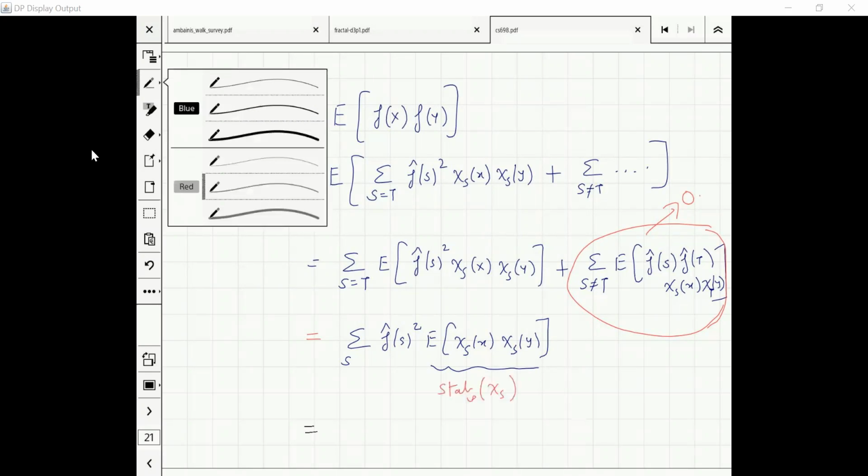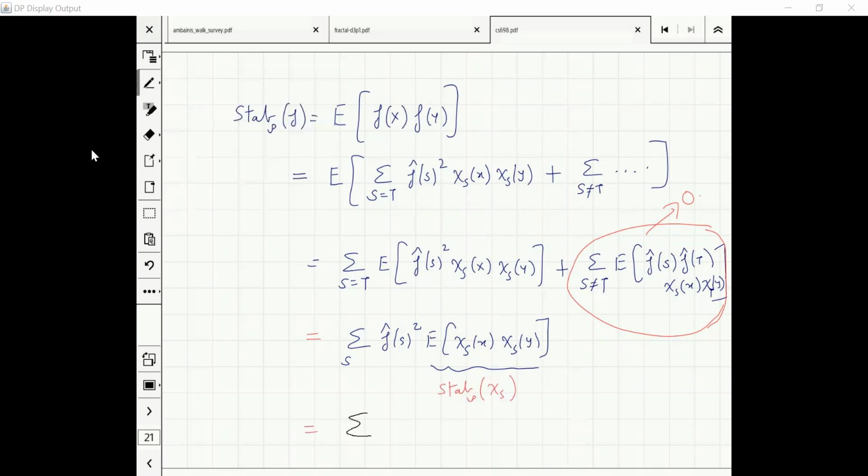This gives us the formula for stability. Again, we were able to write some property of the function in terms of Fourier coefficients. It has a very, very nice expression in terms of Fourier coefficients.